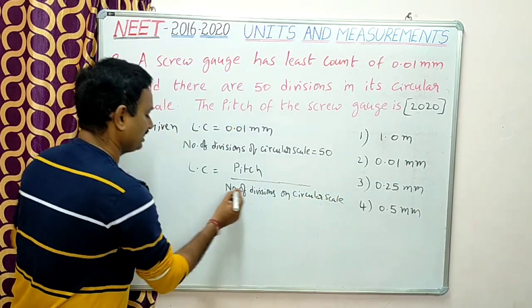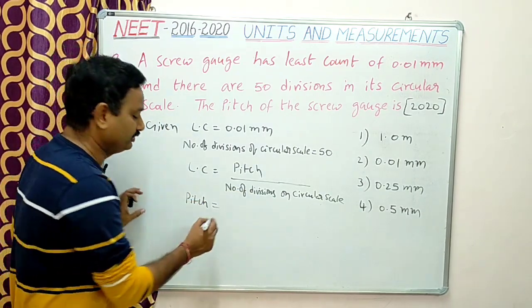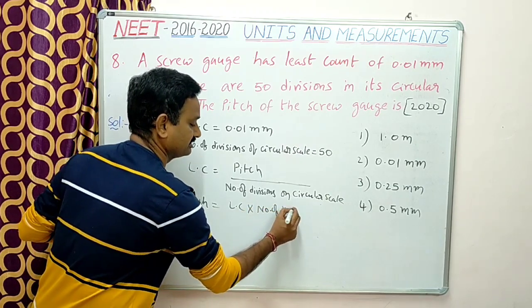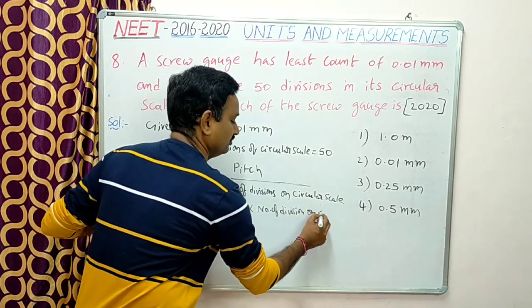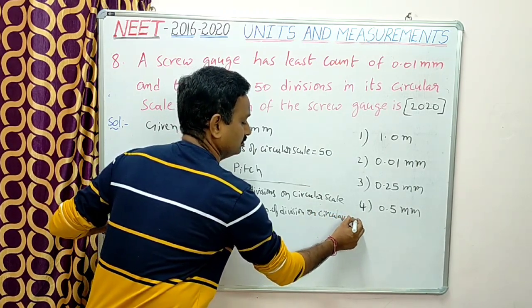Okay. So here from that pitch equal to least count into number of divisions on circular scale. Okay.